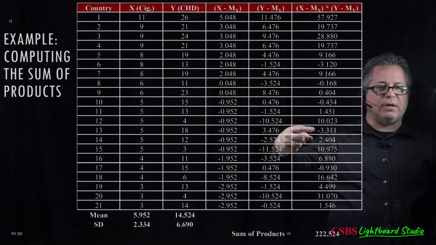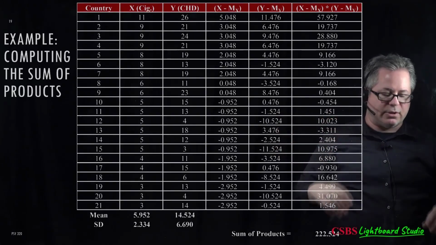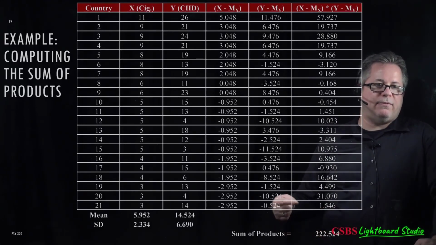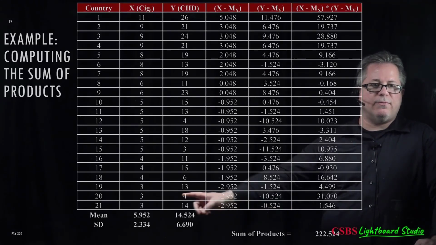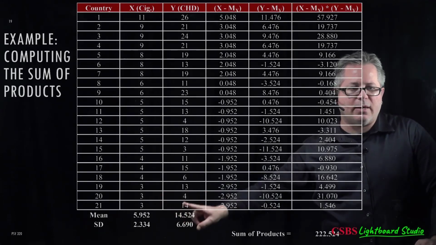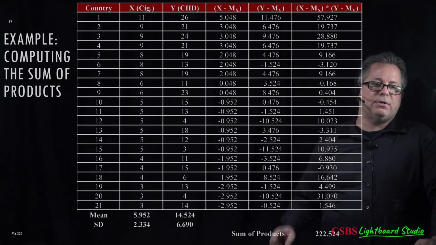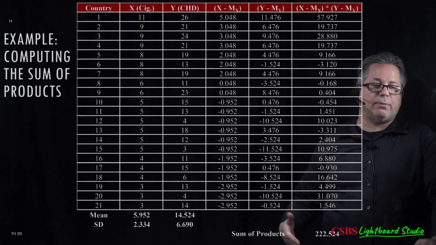They're not contributing very much because they're both close to the averages for both smoking and heart disease. You have countries with very large contributions, like 31.070, because they're both far below the mean on both the X and Y variables, so they have a very large product contributing to the sum of products.